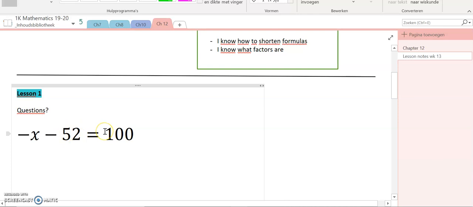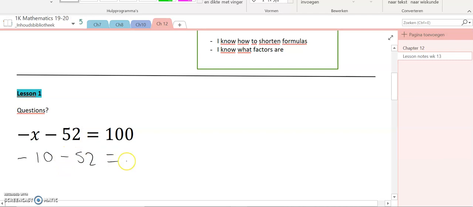It's an equation and you had to solve the equation. Negative x minus 52 is 100. Okay, well, here you're going to subtract something from the negative x, and if you fill in, for example, a 10 for x, then you get negative 10 minus 52, and then it only becomes more negative.